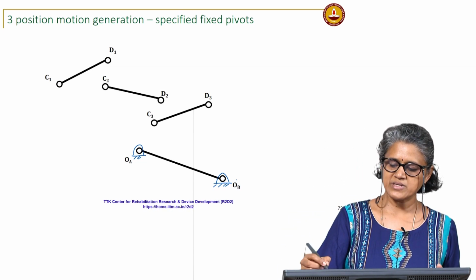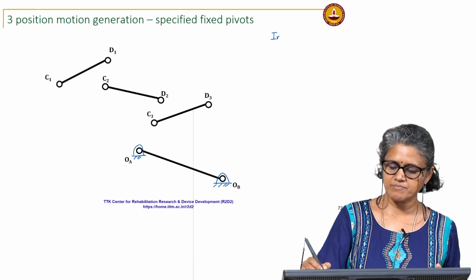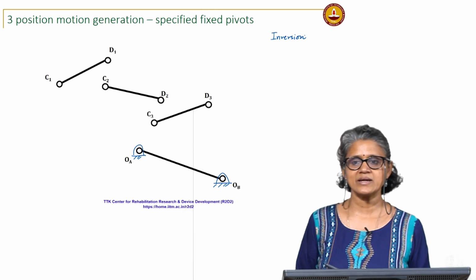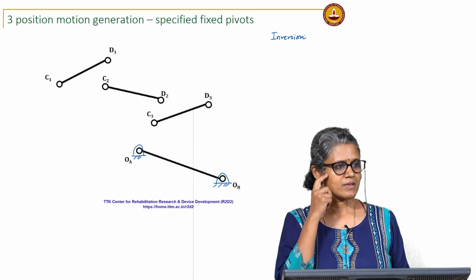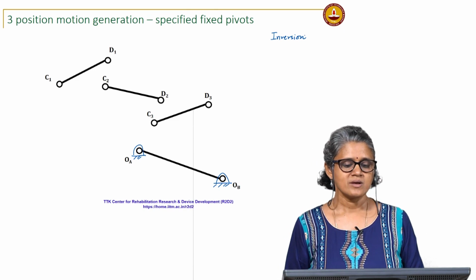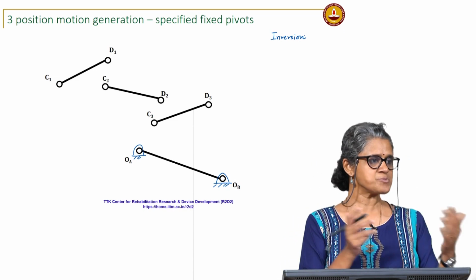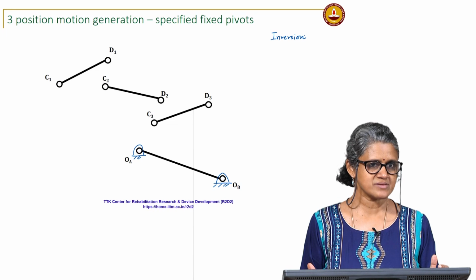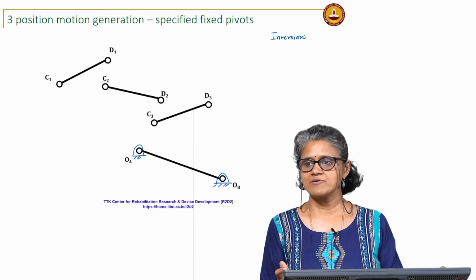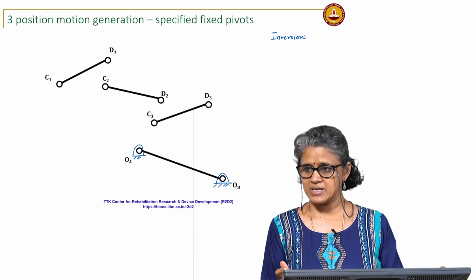For that we will now use the principle of inversion. Inversion tells me that the relative movements among the links do not change. So, I can change my frame of reference without affecting the relative locations of the links.